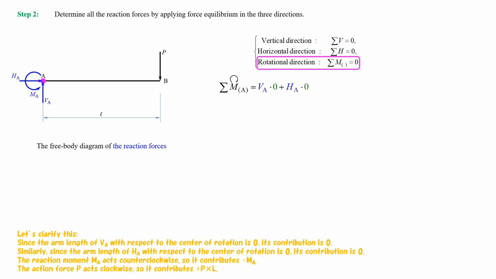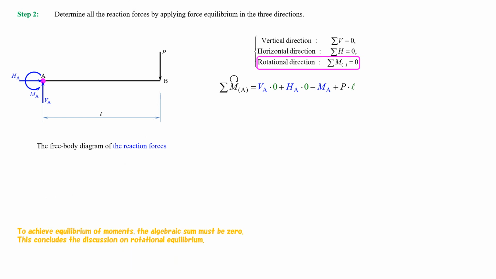The reaction moment, MA, acts counterclockwise, so it contributes minus MA. The action force, P, acts clockwise, so it contributes plus P multiplied by L. To achieve equilibrium of moments, the algebraic sum must be 0. This concludes the discussion on rotational equilibrium.